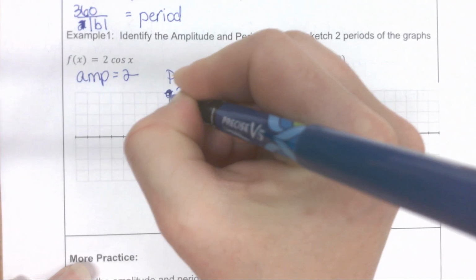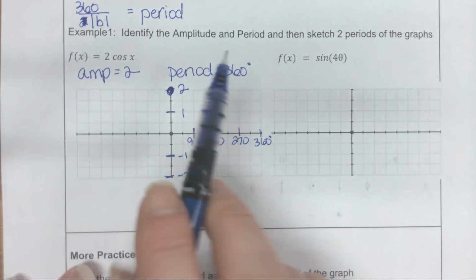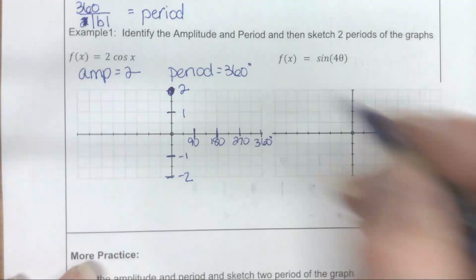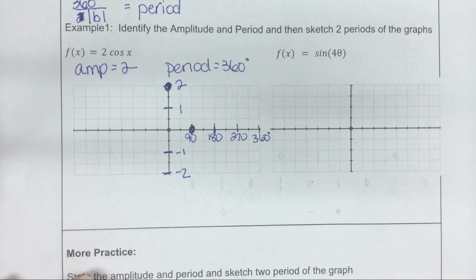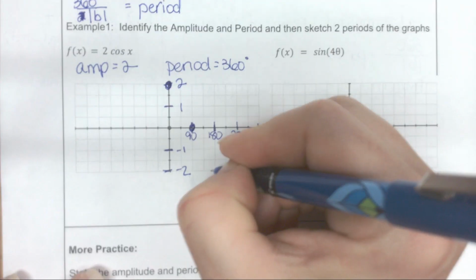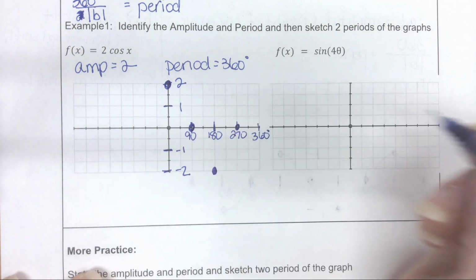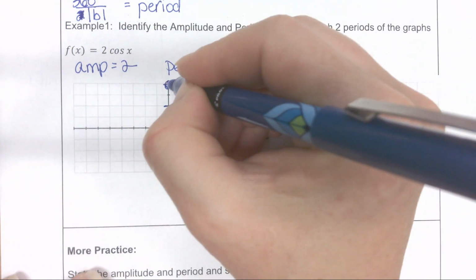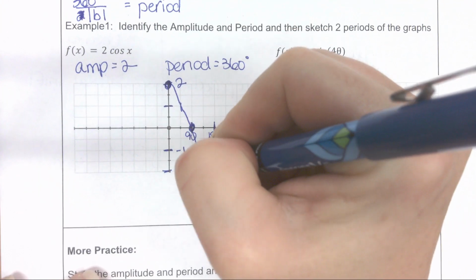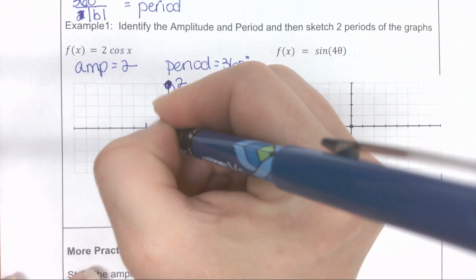Okay, so here we go. Starts at 2, now at 90, it's going to go down to the midline. At 180, it's going to go down to its minimum. At 270, back to the midline. And then 360 up here. So you can see that amplitude changing, and then we'll backtrack.